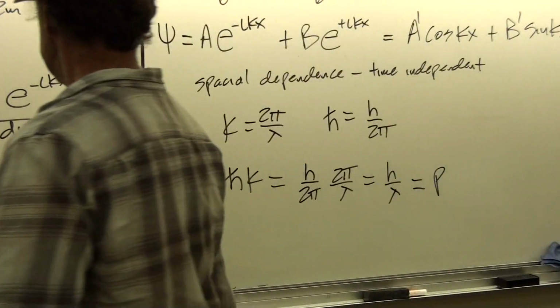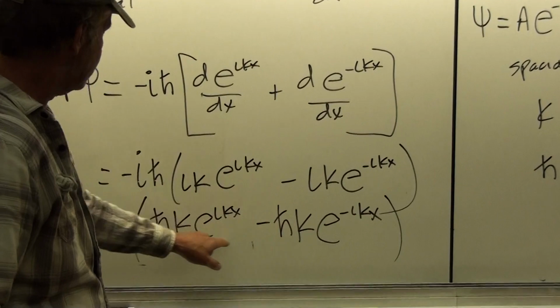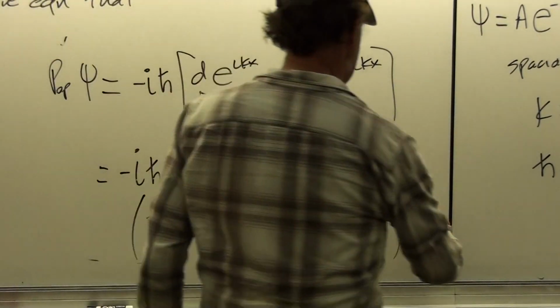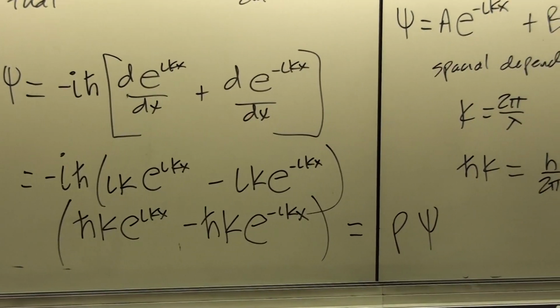So basically what this is giving us then is the momentum p times psi back again.